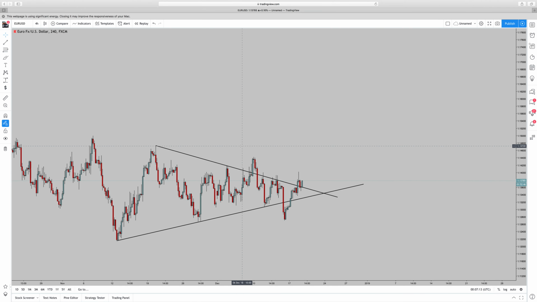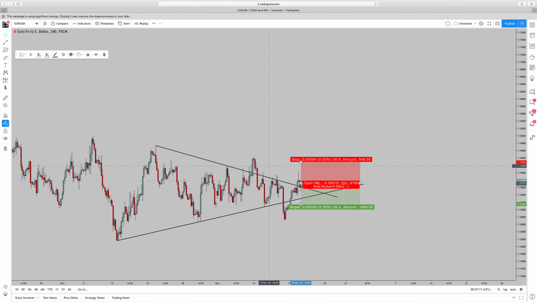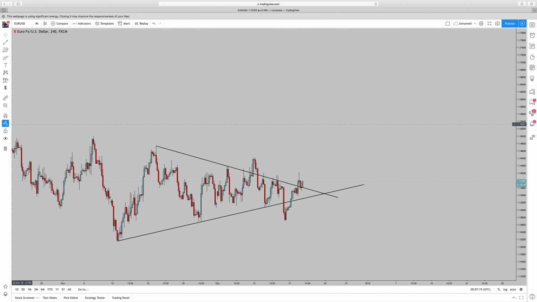And as I put in the Telegram channel, I think we took the rebuy from right there. I think our stop loss was about 35 pips, something like that.